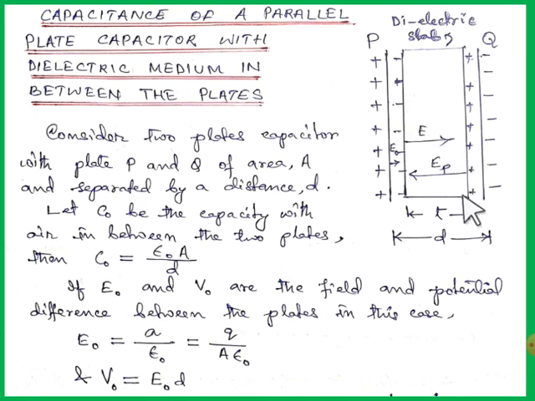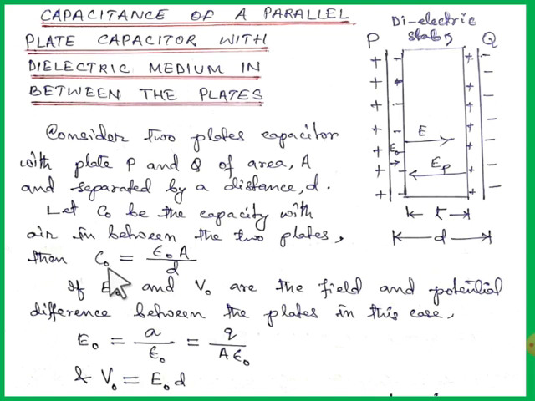Okay, so consider two plates as we have taken in the previous case. Consider two plates P and Q having common area capital A and separated by a distance small d. Before introducing this dielectric slab between the plates, let's take the capacitance of this parallel plate capacitor as C naught.